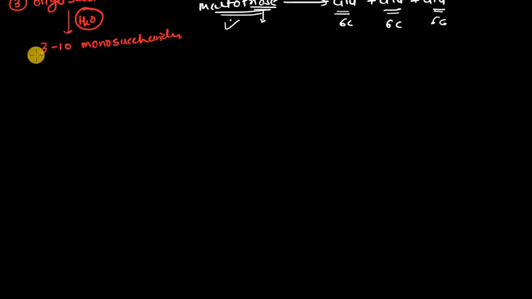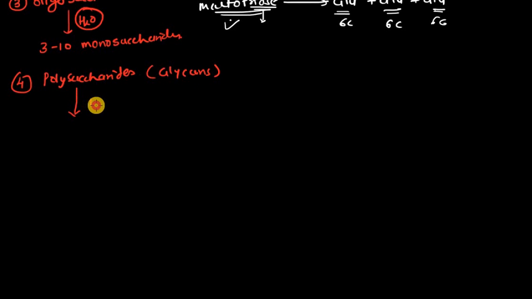And the last and most important carbohydrate group is polysaccharides. Its other name is glycans. These polysaccharides are defined such that when you hydrolyze them, if you get more than 10 monosaccharide units, you consider that parent compound a polysaccharide.